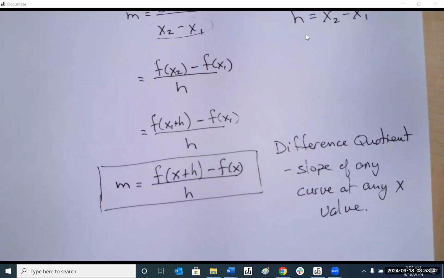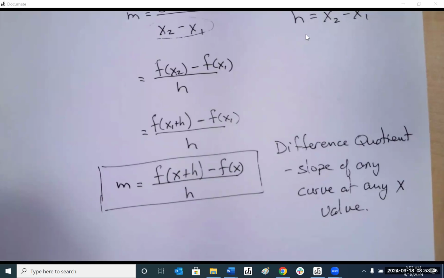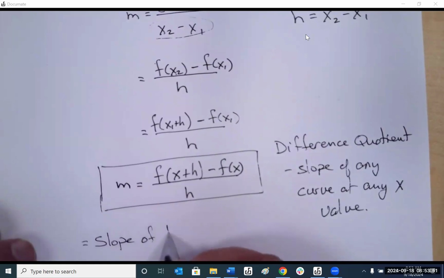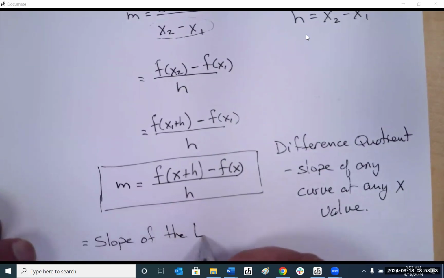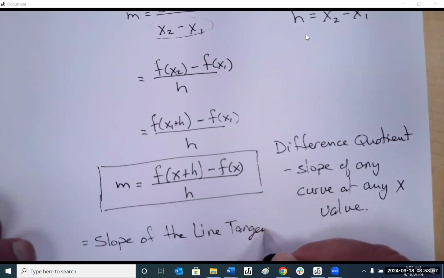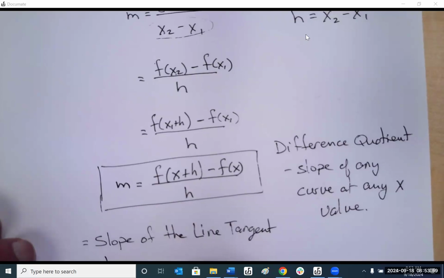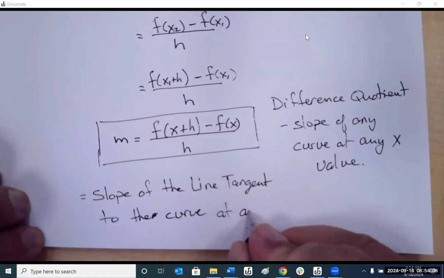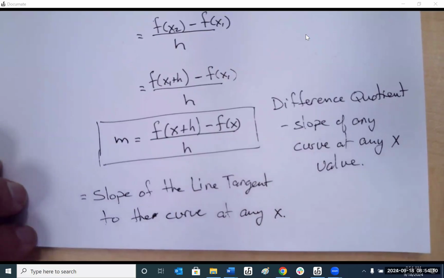Well, let's go even further than that. It's the slope of the line tangent to the curve at any x.